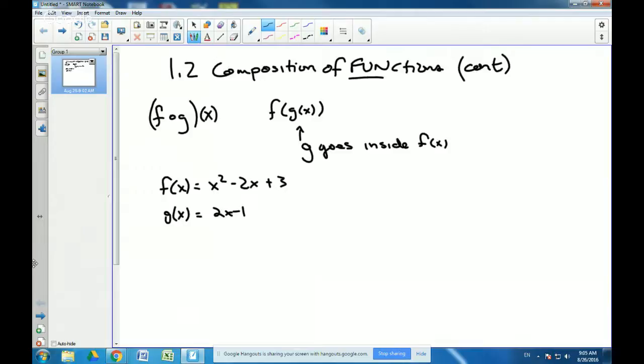Usually you're given two functions, right? And it would say something like calculate or find f of g of x.